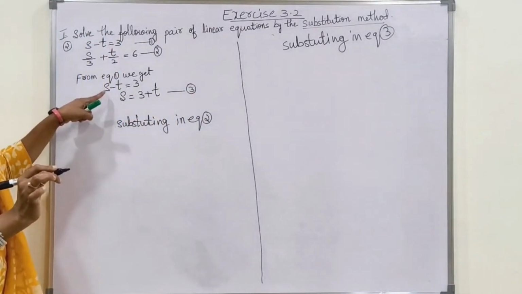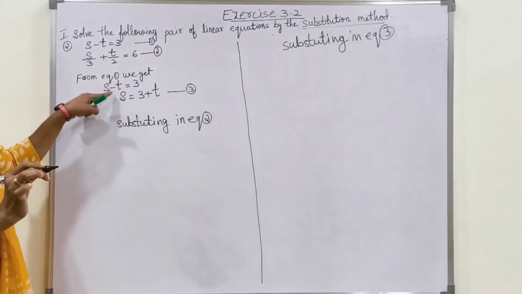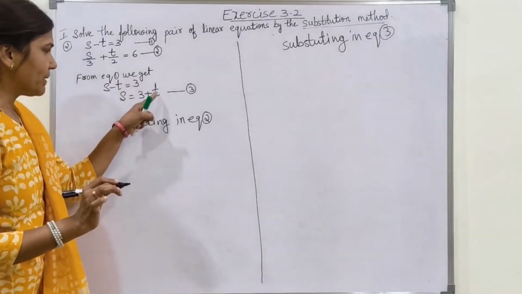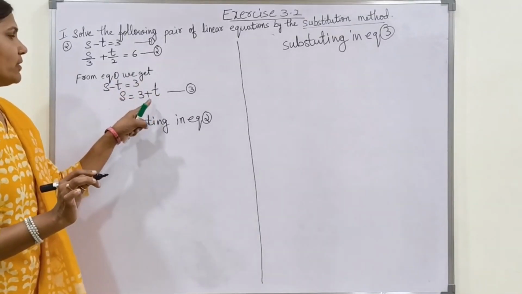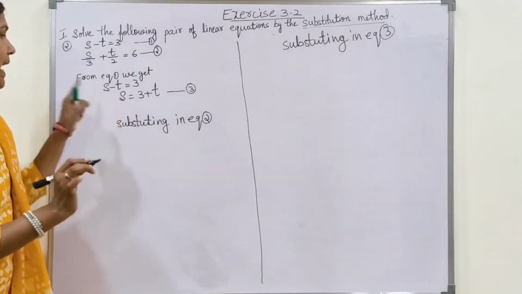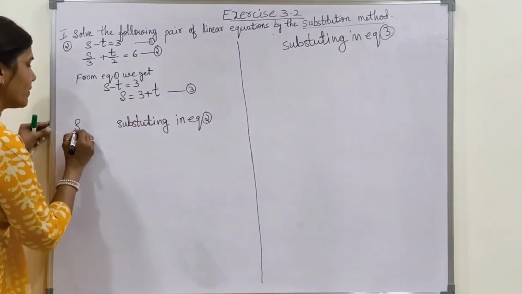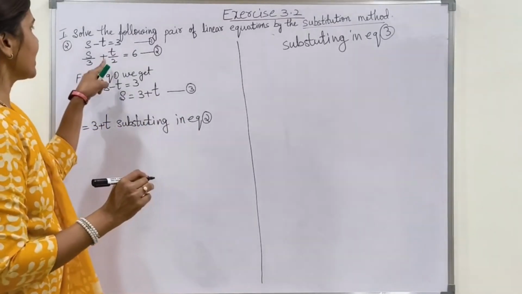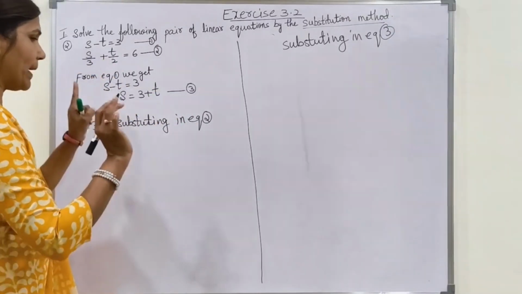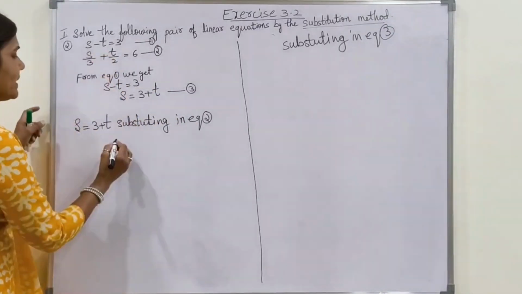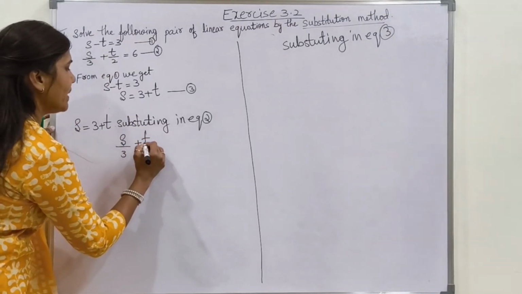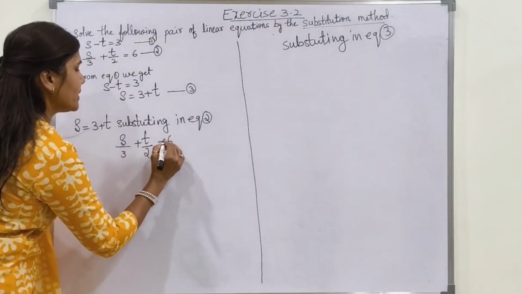So see here, the third equation: from the first equation s minus t is equal to 3, s equal to 3 plus t. Now write s is equal to 3 plus t, substituting in the second equation. The second equation is s by 3 plus t by 2 equal to 6.